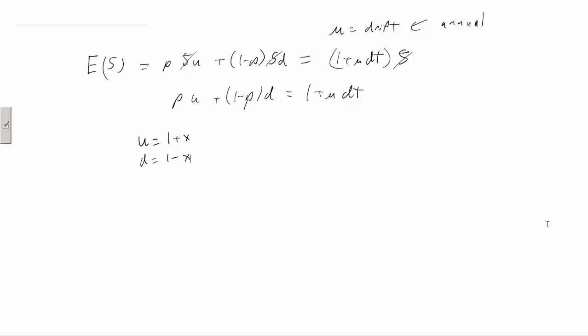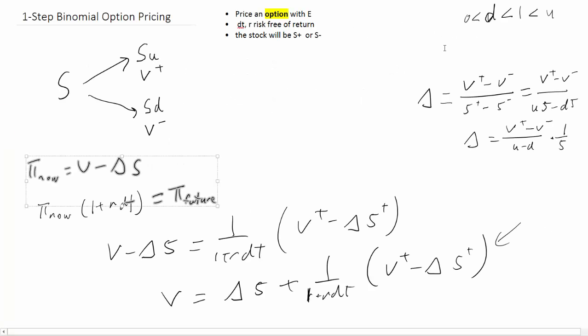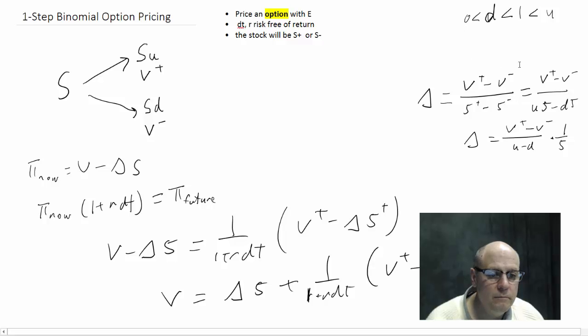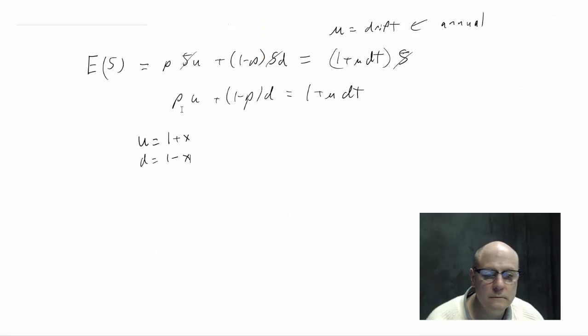That matches this piece here. What that's going to do is swap out the two variables, u and d, and change it into only one variable. That's going to make the left side of this equation just have a p in it and just have an x in it, the two unknown variables right now.